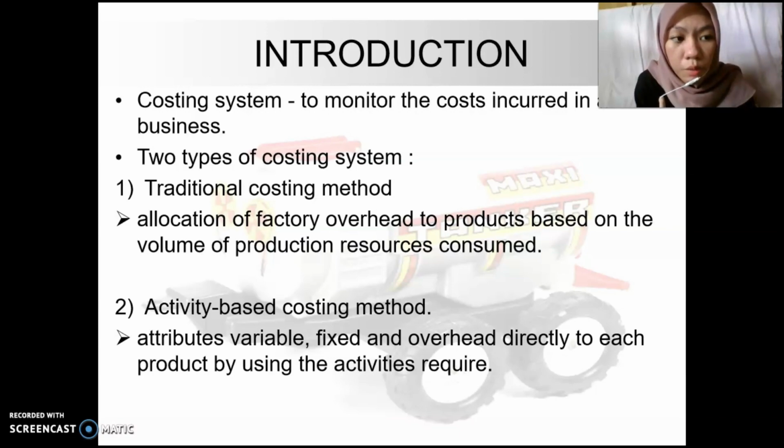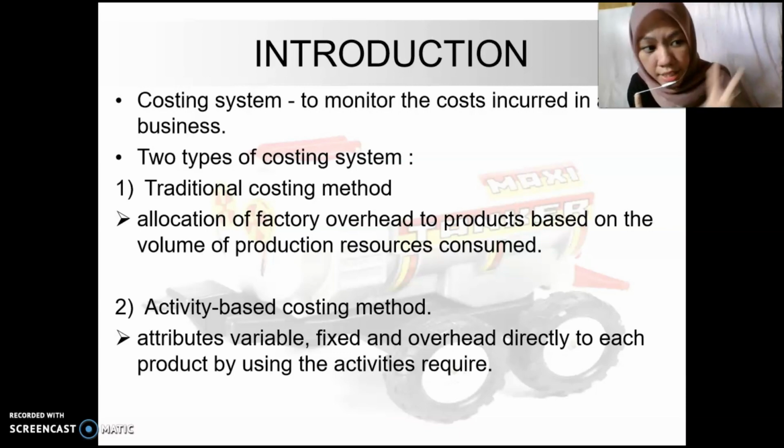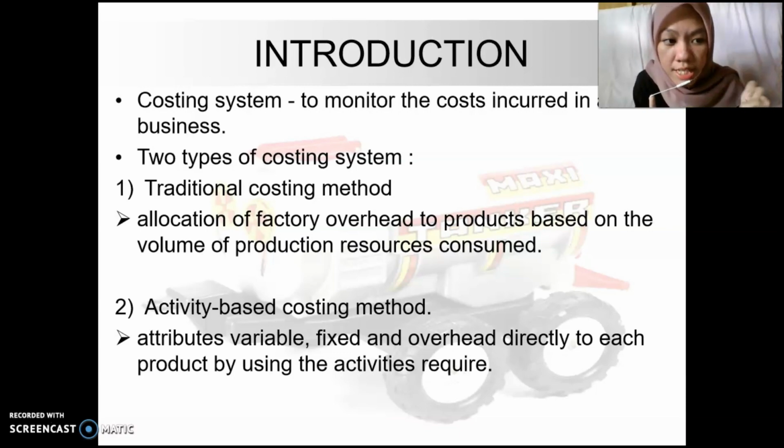Many businesses all around the world started from costing calculation. There are basically two types of costing system that businesses currently follow. The first one is the traditional costing method and the second one is the activity-based costing method. What is the traditional costing method?